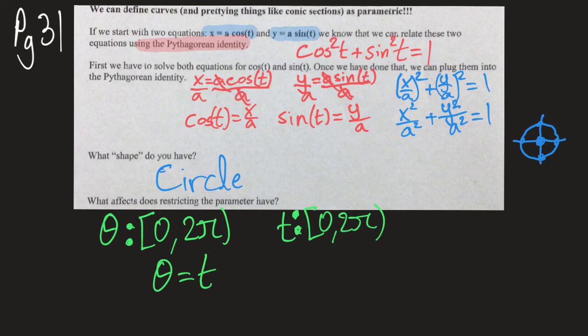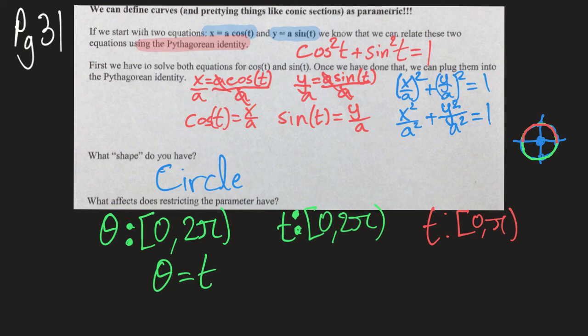Now, if I go back to my little diagram up here, our equation is basically me drawing a circle. As t increases, we go further around the circle. If I instead restricted t to be 0 to pi, well, that's just me going halfway around the circle.